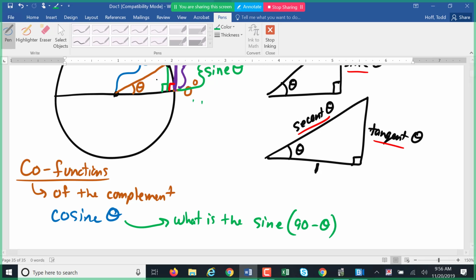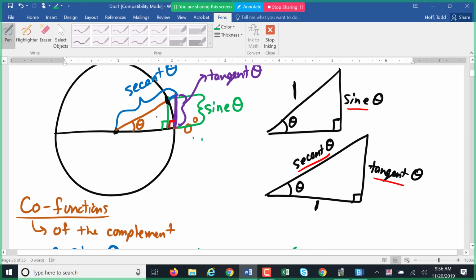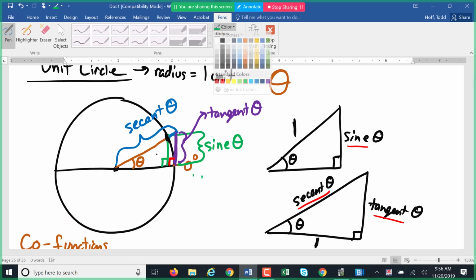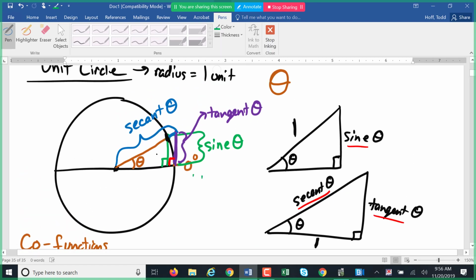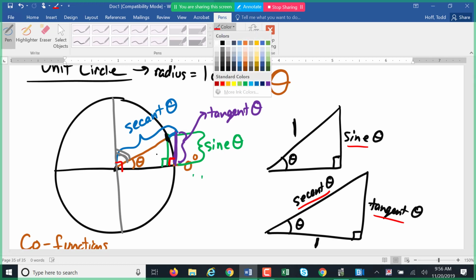Well, the complement of theta, if I go back up to my unit circle, complements add up to 90 degrees. Well, if I draw in this vertical diameter here, and I shift my reference diameter to that vertical diameter, this angle here is the complement of theta. That's a right angle here. So those two angles, the brown and the gray, have to add up to 90 degrees.